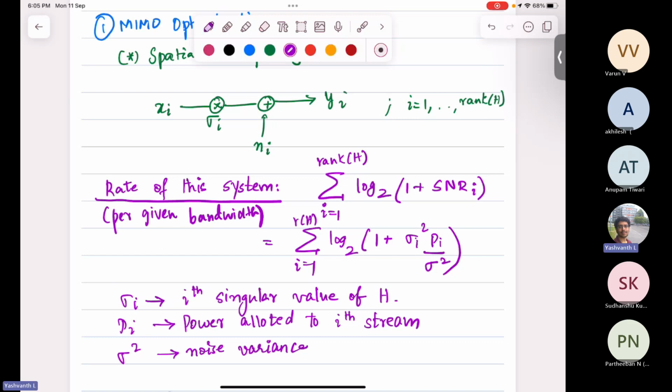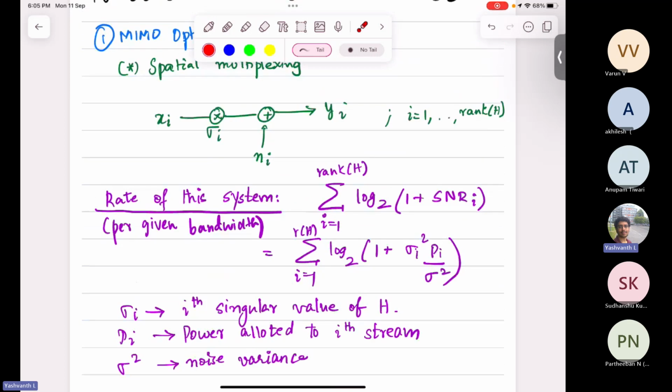For any spatial multiplexing based system, it's given by the sum over all the streams of the rate achievable per given bandwidth in a given stream, that is log base 2 of 1 plus SNRi, where SNRi stands for the signal to noise ratio in the ith stream. And like that, you have rank of H number of streams.